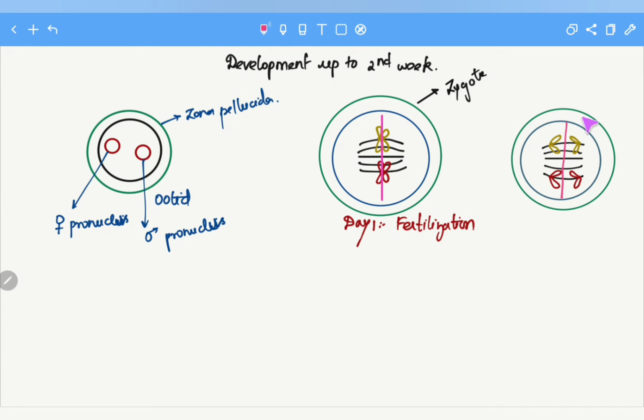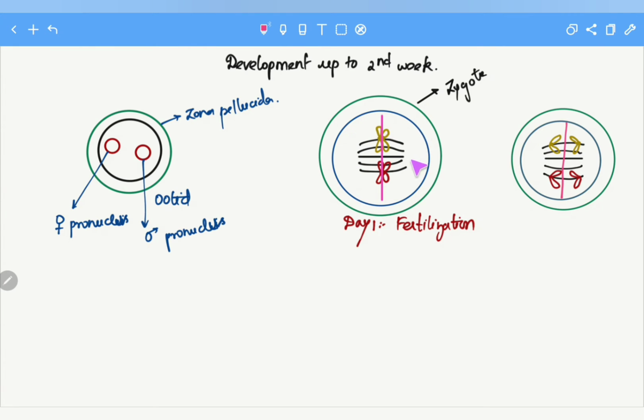So this is surrounded by the Zona Pellucida. Literally speaking, it is still the zygote because it contains two pronuclei. For the initiation of cleavage, the chromosomes within the nuclei arrange themselves on the cleavage spindle, also called the mitotic spindle.